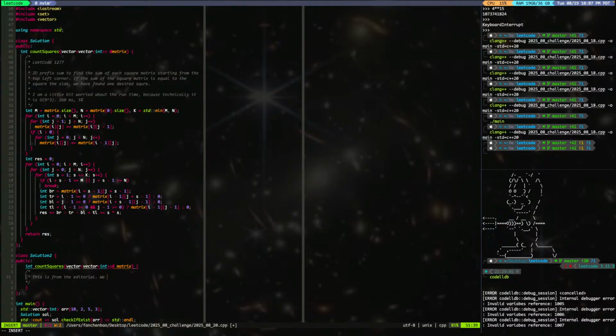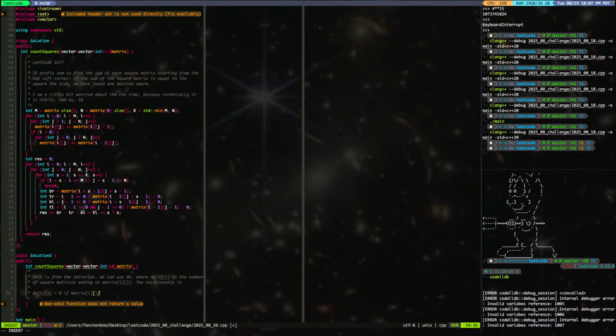Yeah, this is from the tutorial. We can use dp, where dp[i][j] is the number of square matrices ending at matrix[i][j]. Now the relationship is dp[i][j] equals 0 if matrix[i][j] equals 0.